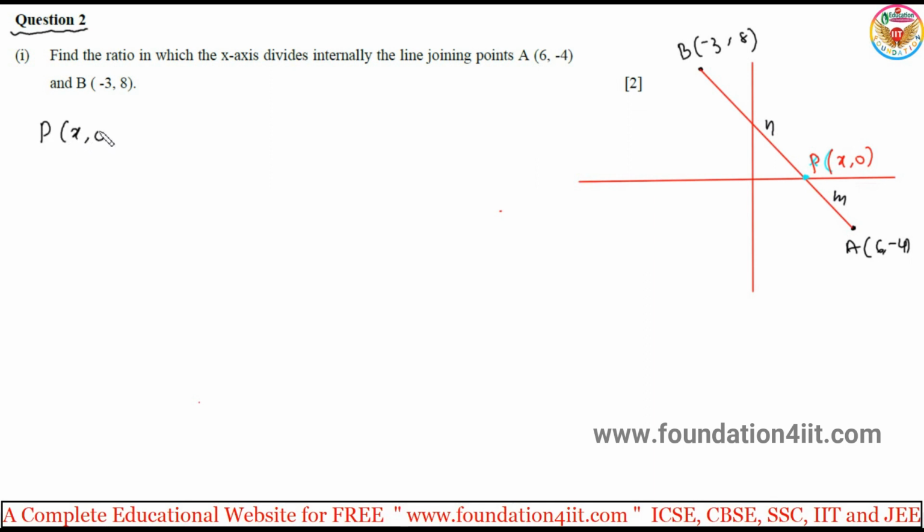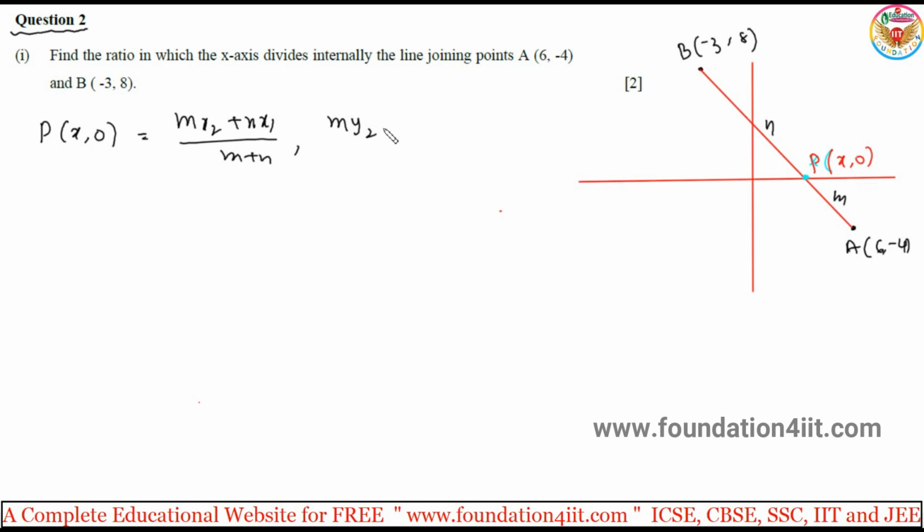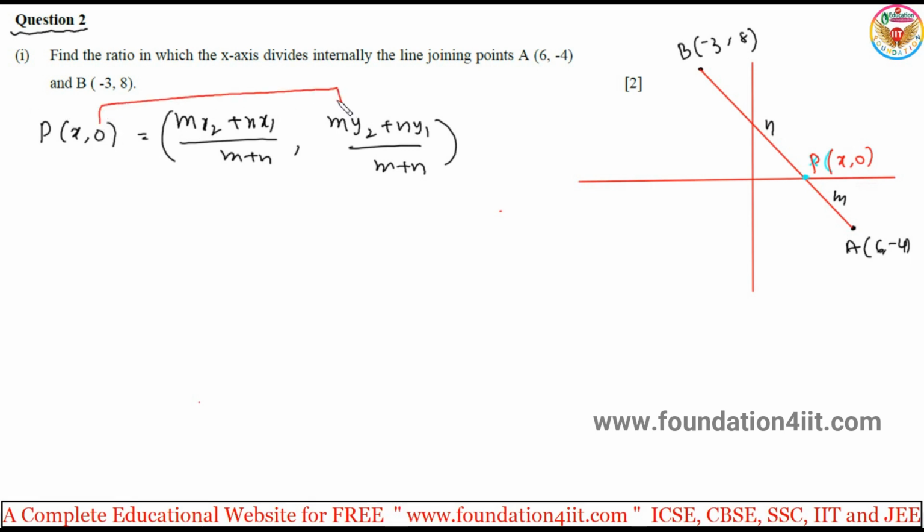P (x, 0) is equal to the same formula: (mx2 plus nx1) by (m plus n), (my2 plus ny1) by (m plus n). This formula will apply. In this, you can take the 0, the y part. So 0 is equal to m y2.